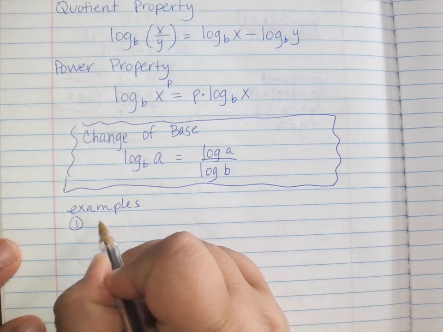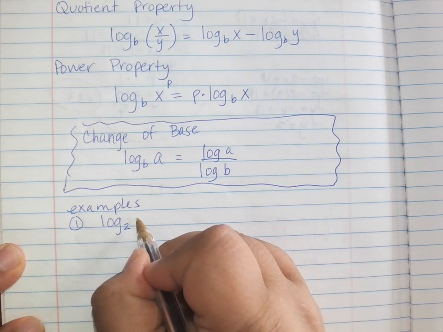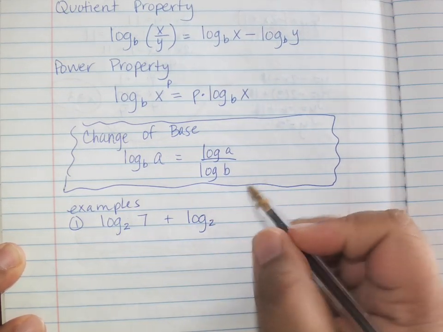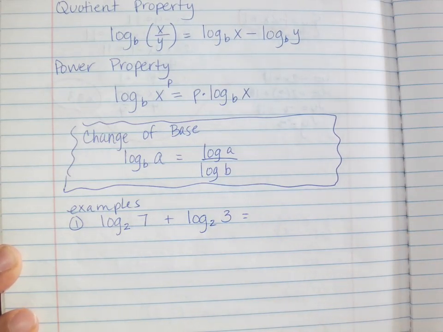If I have log base 2 of 7 plus log base 2 of 3, well, which property am I going to use here to put them together, to simplify them?